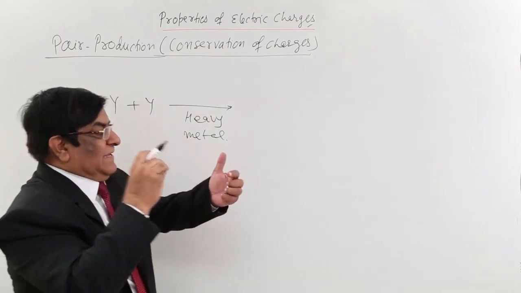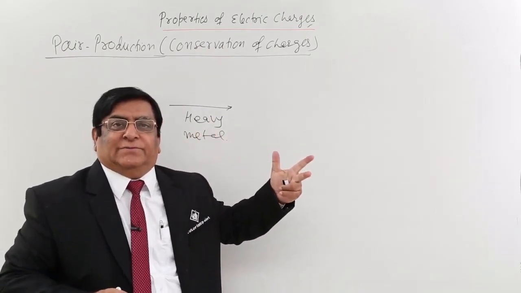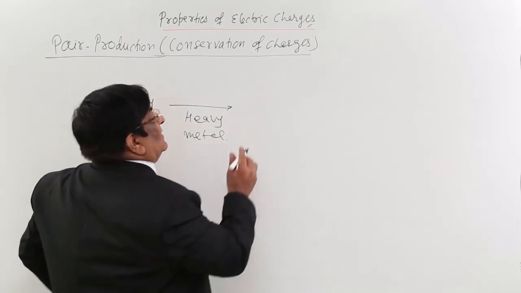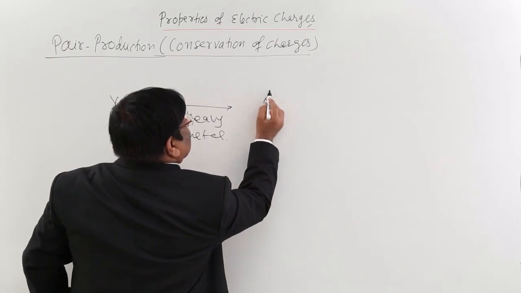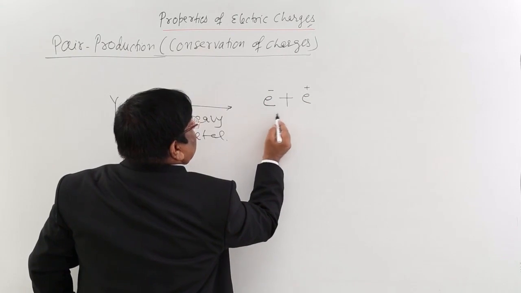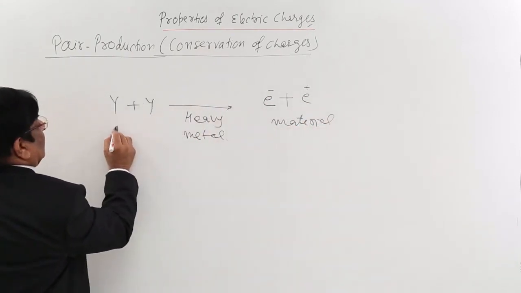When they strike that metal, they are absorbed in that and their energy is gone. But that energy is so much. What we see in that metal, one electron is created and one positron is created. Yes, these are what? Material. And what is this? Energy.